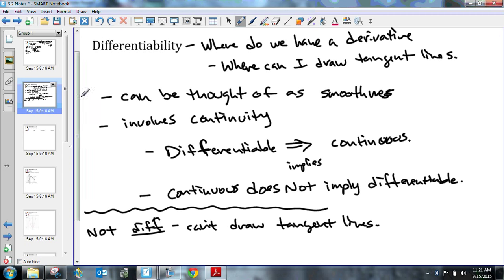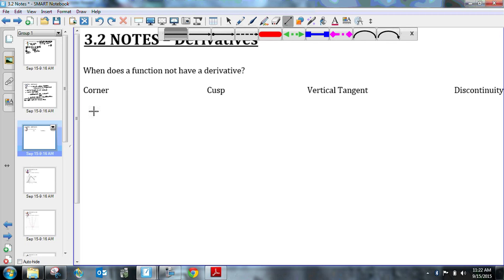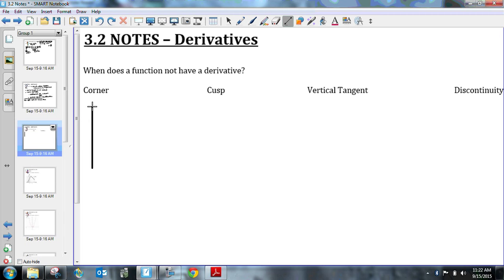All right, so I'm going to give you a couple of examples where we cannot have derivatives. On the next slide, what I've got are these four words here. When does a function not have a derivative? That's when we have either a corner, a cusp, a vertical tangent, or a discontinuity. So I want to go through these real quick and talk about them. I'm going to show all of these as graphs.